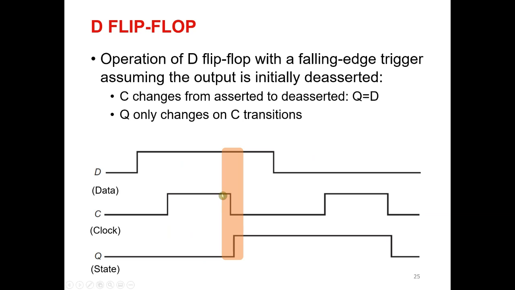When C changes from 1 to 0, which is the falling edge of the clock, we update the state, so Q is equal to the value of D. Then this clock cycle repeats, and until the next falling edge of the clock, the state of Q will not be updated. The only difference between the D flop and the D latch is that the D flop changes periodically at the clock edge, and the D latch can change at any place in which the clock changes its value.